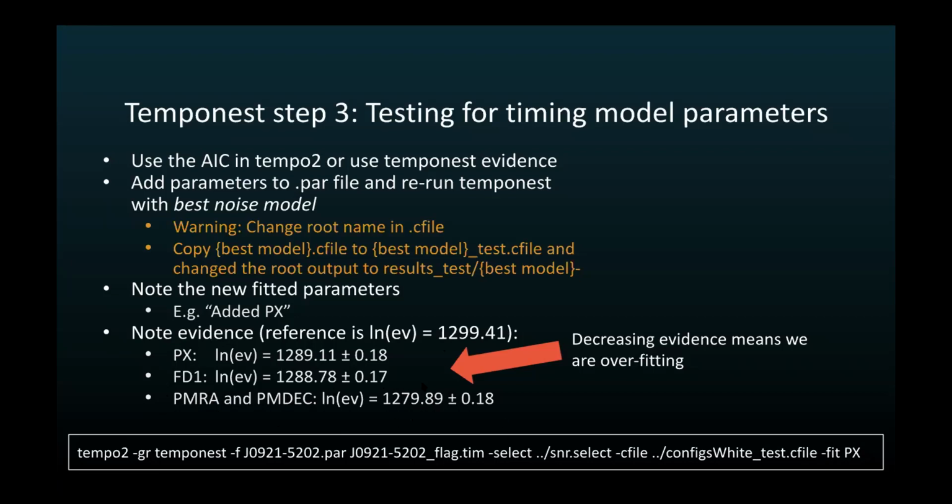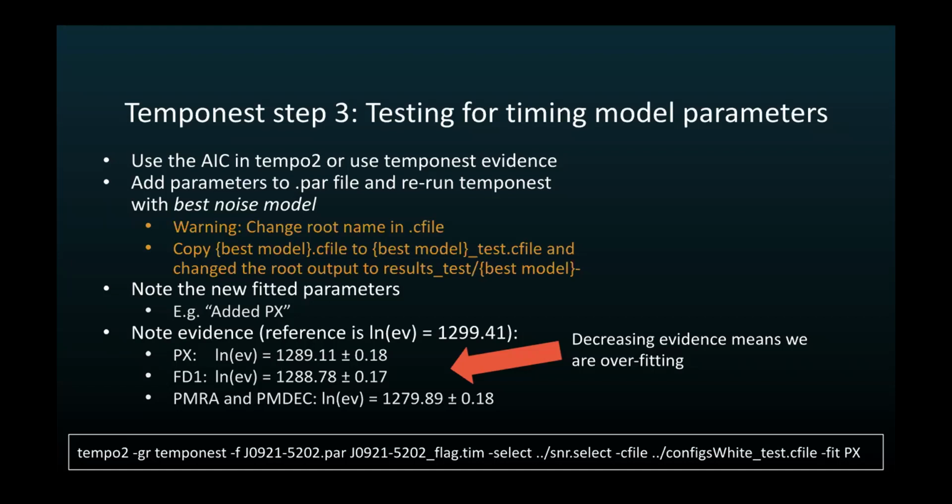So this is definitely no support. So for this pulsar, if you were to repeat this process, basically there's no evidence that you should be fitting for any of the other parameters. And the reason for that is that the initial par file is already pretty good.